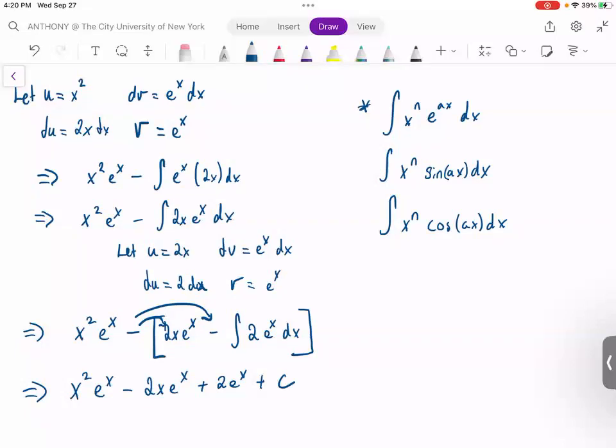So essentially, in these examples, u is always going to be x to the n, whereas the dv, the complicated part, will be essentially e, sine, or cosine, depending on what you have.